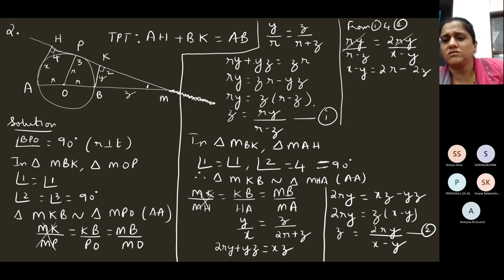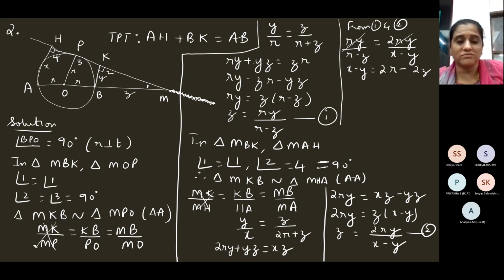What do we get Z here? Here this R minus Y, written Z. When you take out R by Z is common.